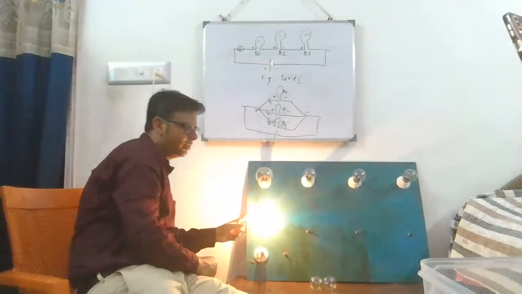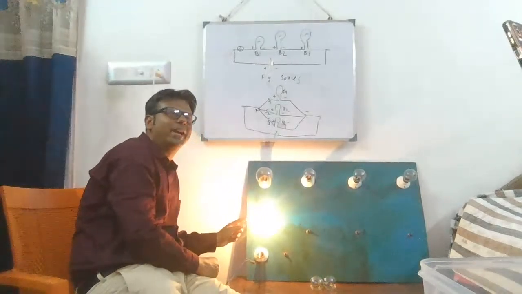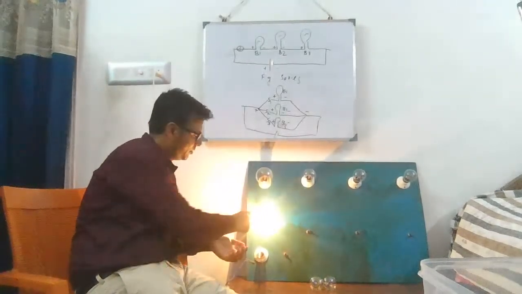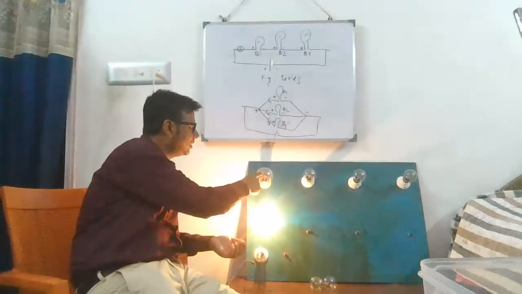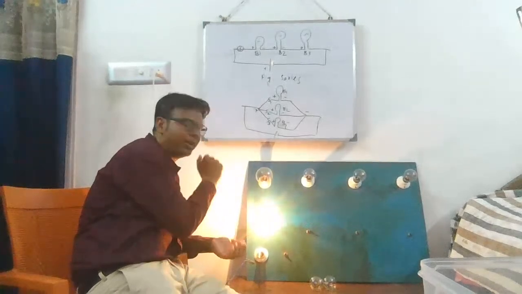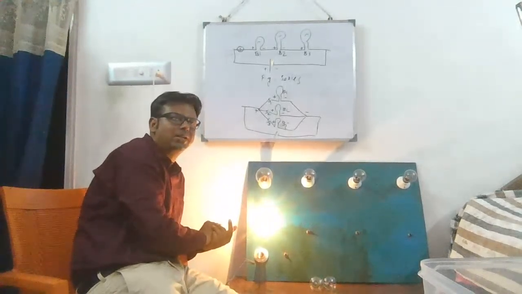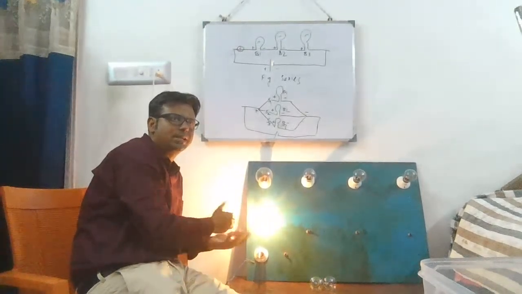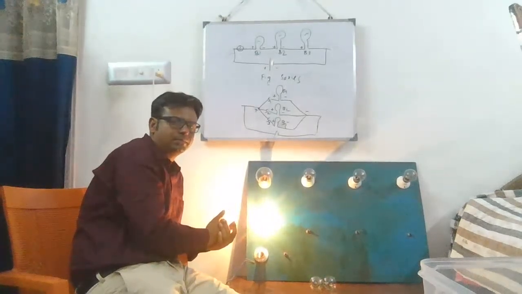So you see, the 25-watt bulb is glowing more. The 25-watt, 100-watt, and 200-watt are glowing less and less. You are seeing it with your eyes.